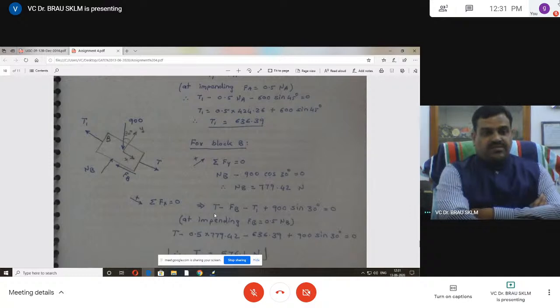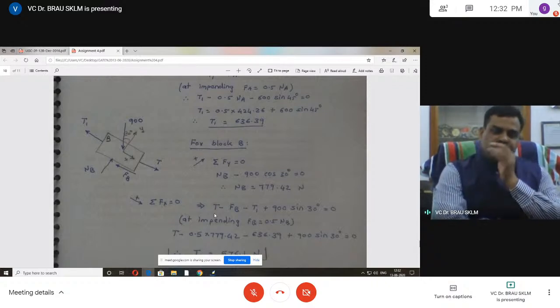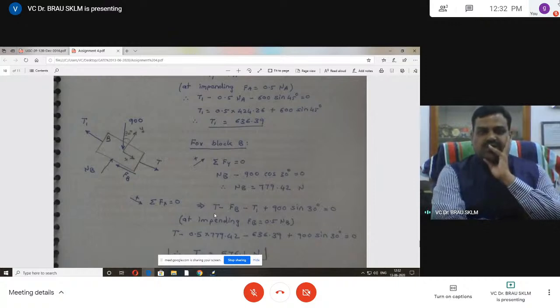Once again, dear students, follow three simple principles: note the input data given in the problem, represent the free body diagram correctly, then apply horizontal and vertical equilibrium. There is no question of mistakes at that stage; mistakes only happen in representing free body diagrams and angles.